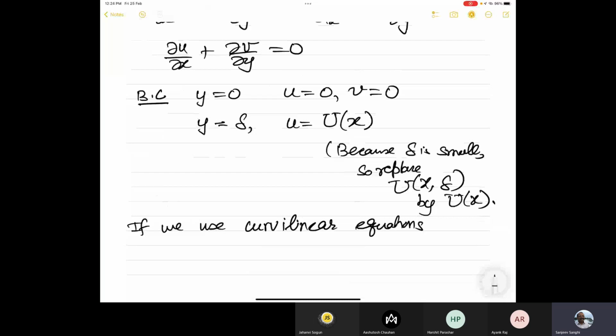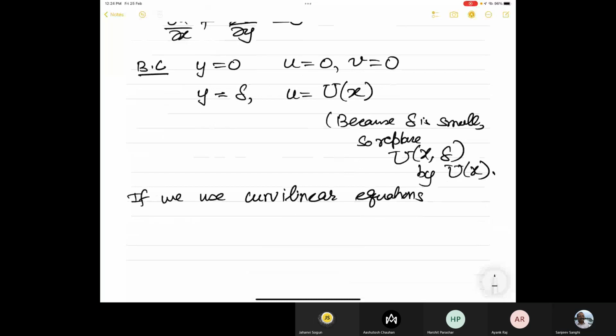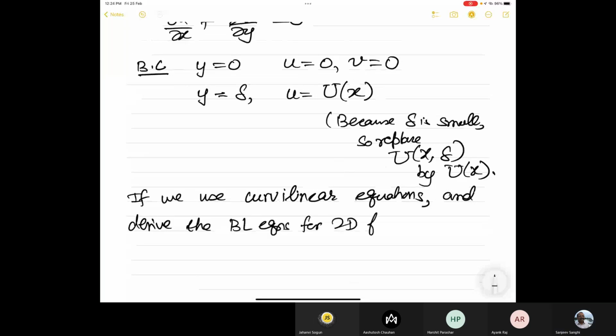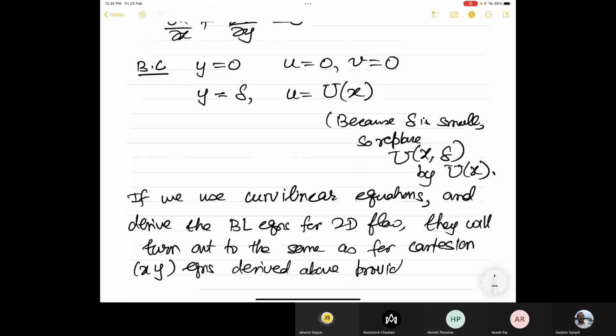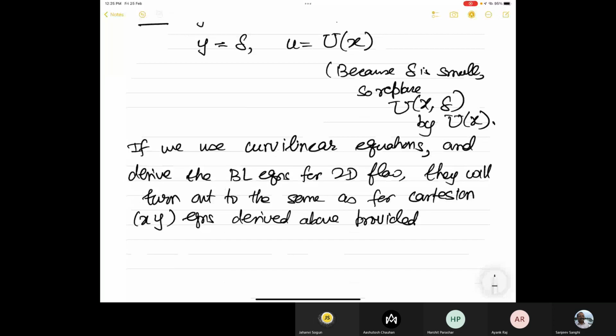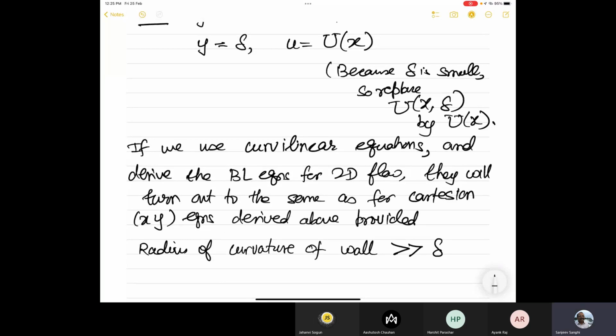Because our coordinates are not straight, they are curved, if we use curvilinear equations and derive the boundary layer equations for 2D flow, they will turn out to be the same as the Cartesian XY equations derived above, provided the radius of curvature of the wall is much bigger than the boundary layer thickness.